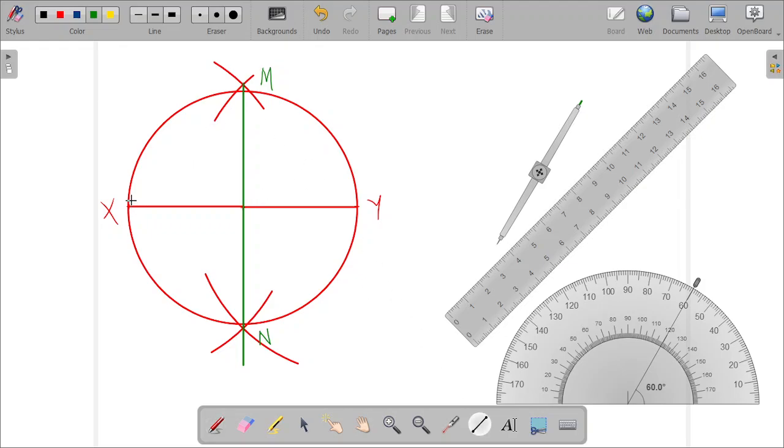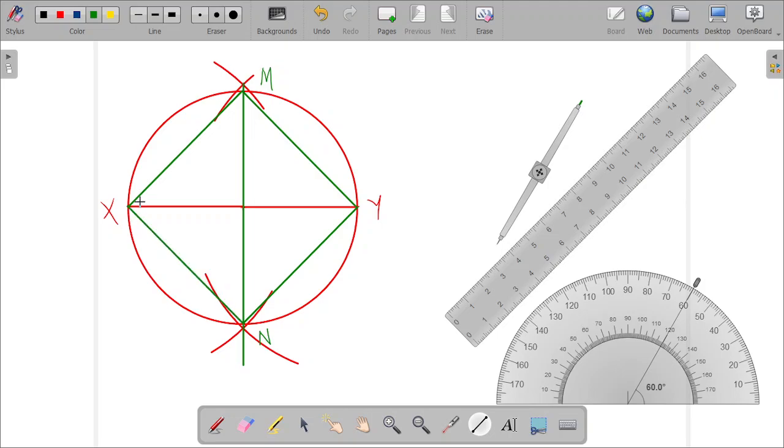Join point X to point M, like this. Join point M to point Y. Join point Y to point N, and point N to point X. Now this is my square.